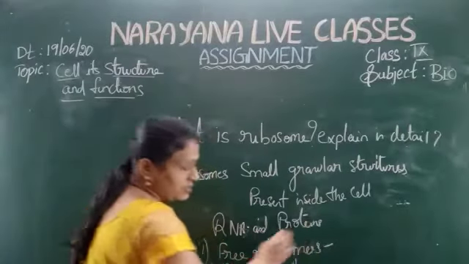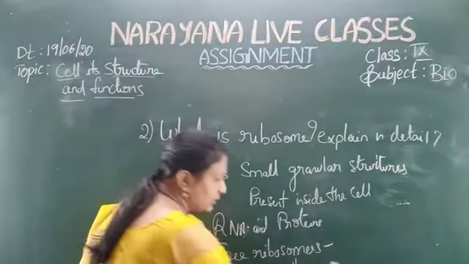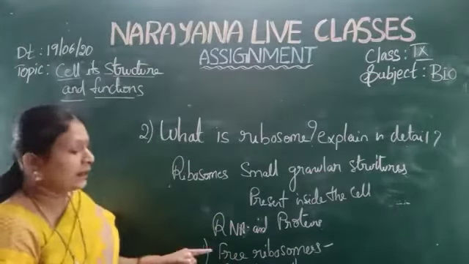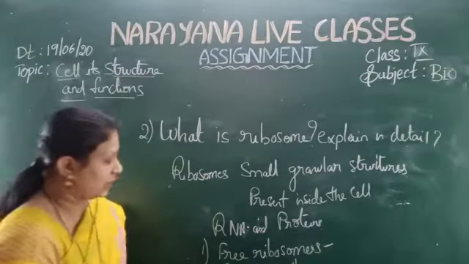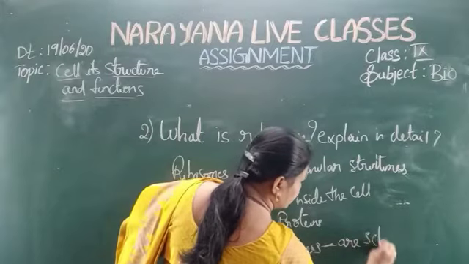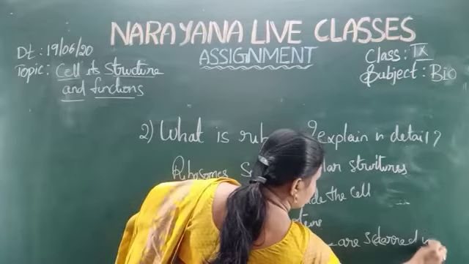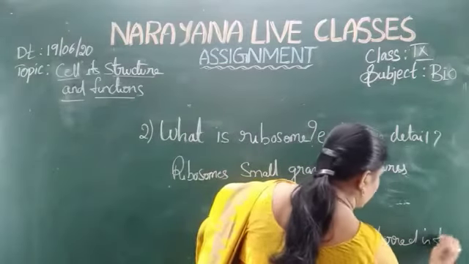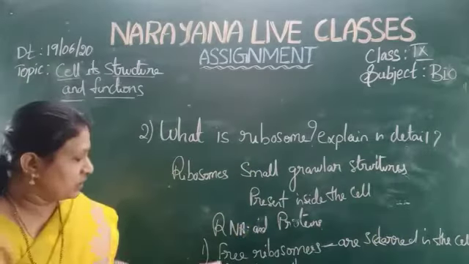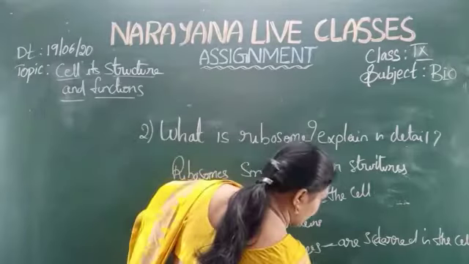Free ribosomes are scattered in the cell. Attached ribosomes are present on the surface of rough endoplasmic reticulum.